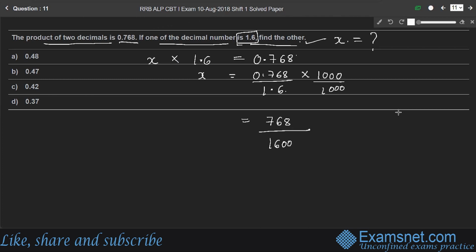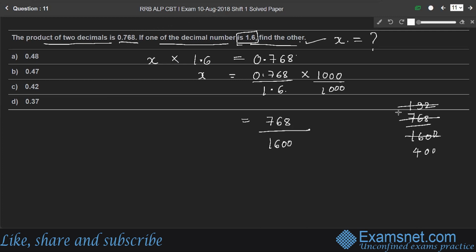Now the simplification part. Both numbers are divisible by 4, I think. So we take 768 by 1600. 4 into 1, 4 into 9, 4 into 2, whereas 4 into 4 is 16, with 2 zeros.